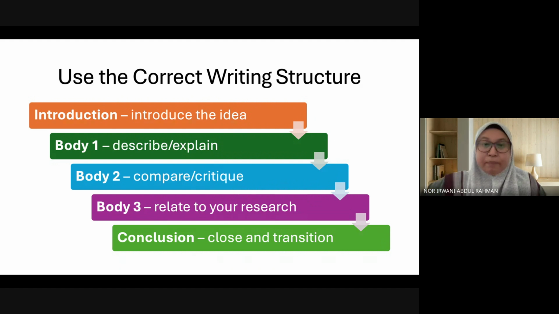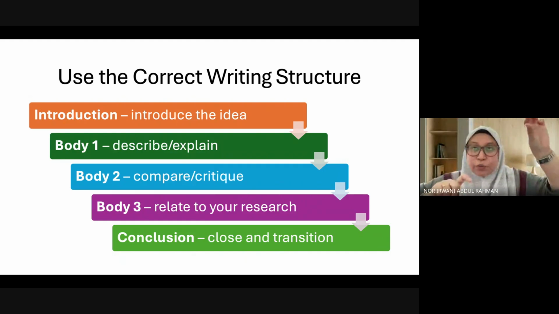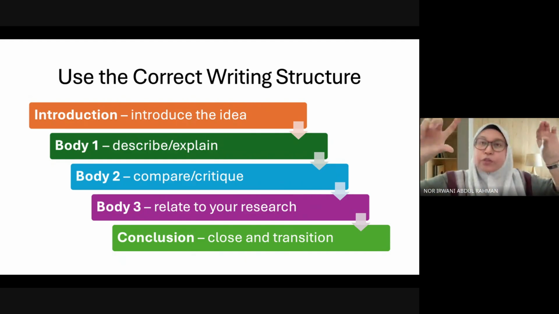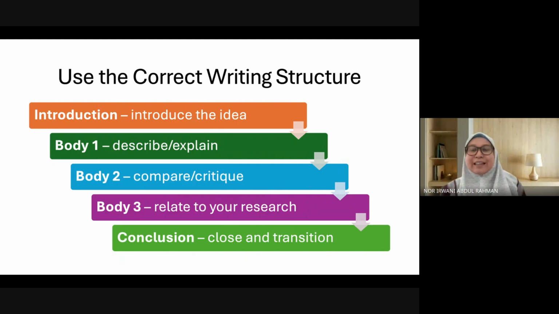So remember, writing tips. Even if you read highly reputable articles, the ones you listed in the list that you submitted to me, the introduction section also has an introduction, body, and conclusion. Three paragraphs only. So that represents the structure.